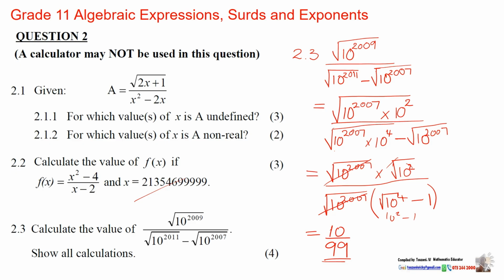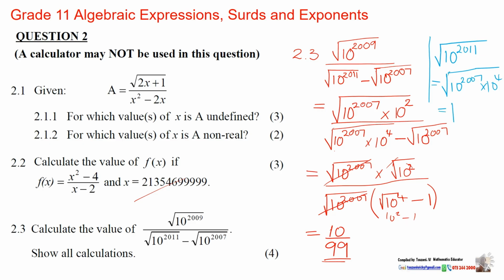But otherwise, the concept or idea that we are using here is that if you are given big exponents, you can simplify your answer by using factorization. So if you look again, let's say, for example, the 10 to the power of 2011. We split that number into the square root of 10 to the power of 2007 multiplied by 10 to the power of 4, all under one square root.